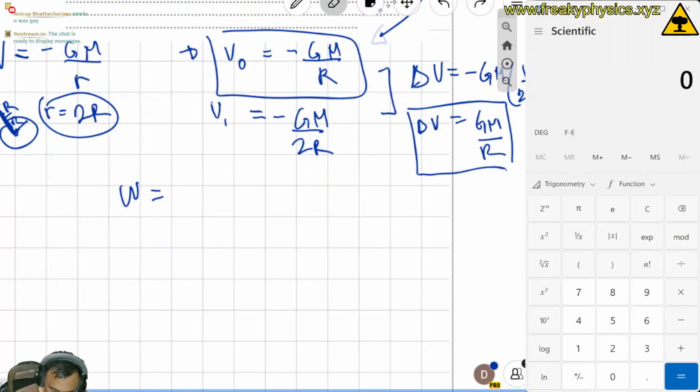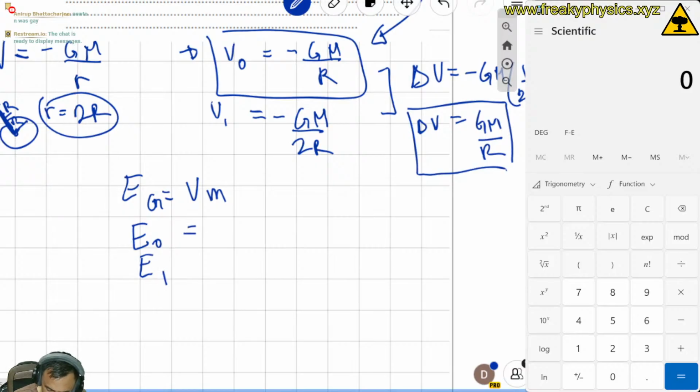I think it's easier to see it like this. Remember, in terms of the gravitational energy, Eg is going to be equal to V times M. That's going to be a bit easier. So we're going to do E0 and E1. What's going to be E1 minus E0?